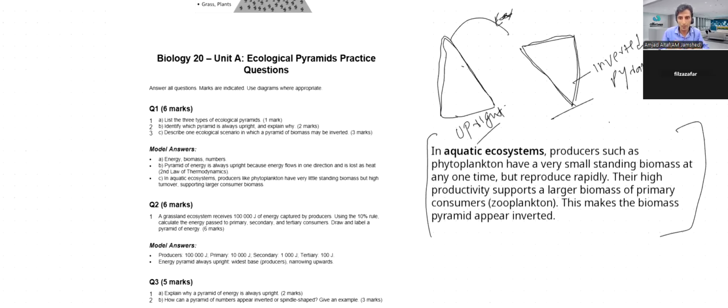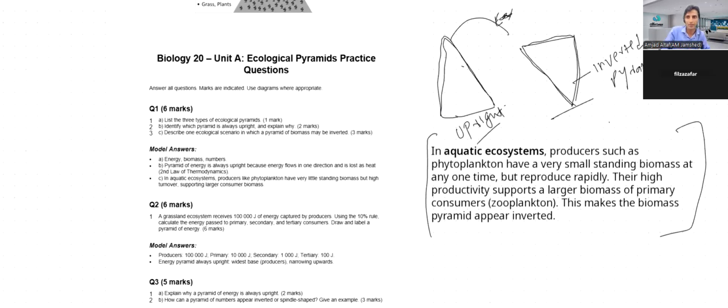Once the plants are growing, they will support the large number of animals in water, because they are primary consumers. Producers are there in the form of plants. They grow enough to support a large number of animals. That's what we call zooplankton. This makes the biomass pyramid appear inverted.